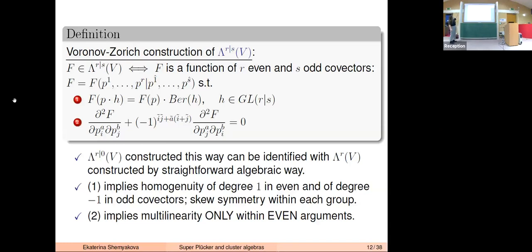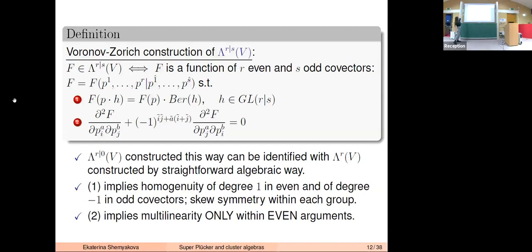So what's happening? Here they allude to the fact that, as you know, exterior powers can be interpreted as multilinear functions on covectors. So if you have a wedge product, this could be interpreted in one-to-one correspondence with multilinear functions on covectors. They generalize to the super case from that direction.